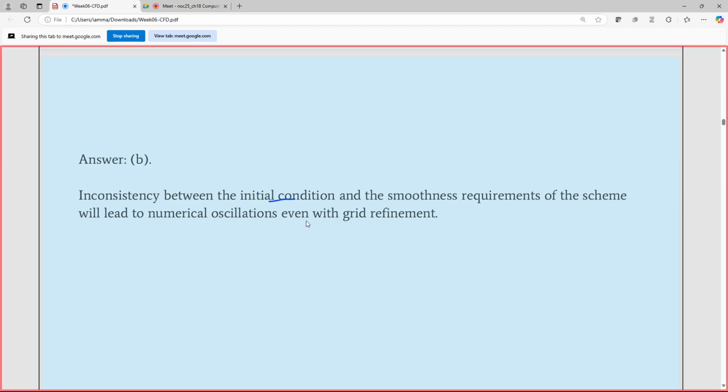Mostly we think that with grid refinement, our solution will converge and we will get a good solution. But in these cases, if the initial condition is not smooth, then the scheme can lead to numerical oscillations, even if the scheme is consistent.